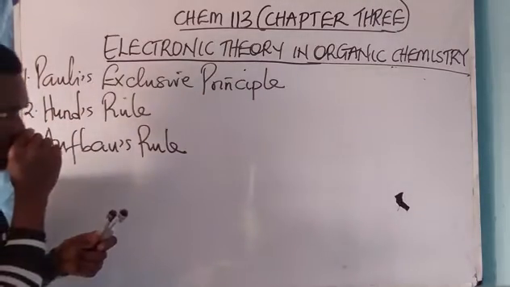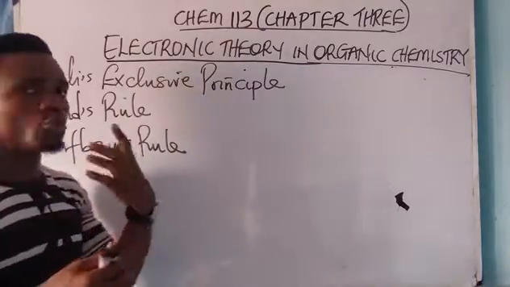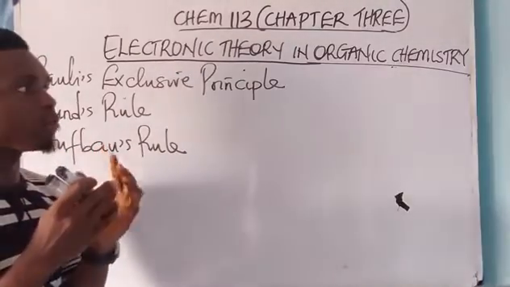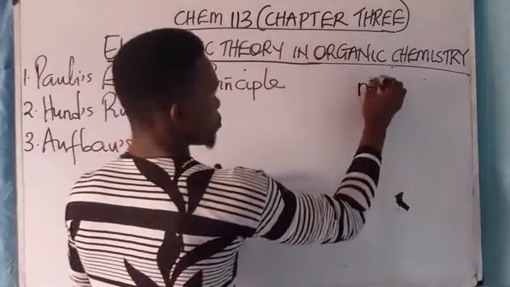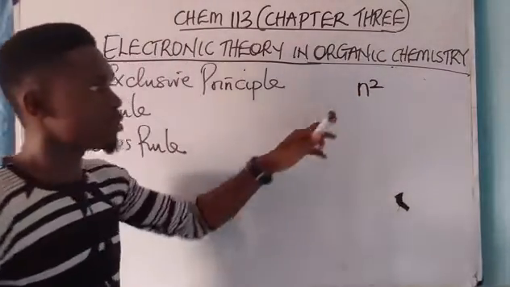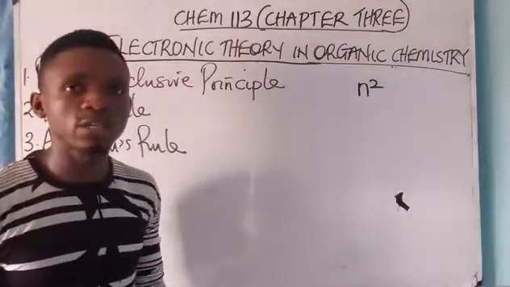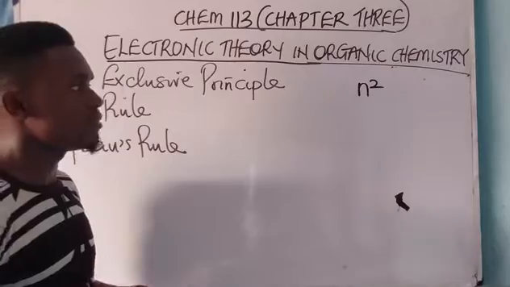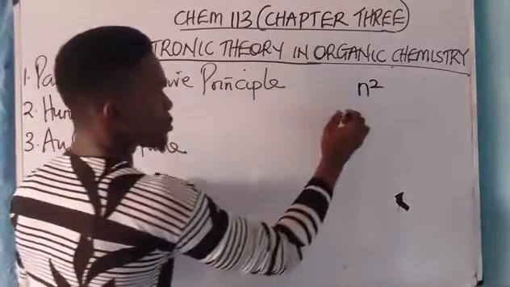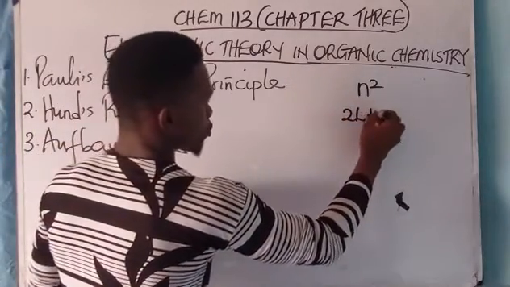Now, let me quickly say this. To determine the number of electrons an orbital possesses, we make use of what? N squared. To determine the number of orbitals found in a given shell, we make use of 2L plus 1.